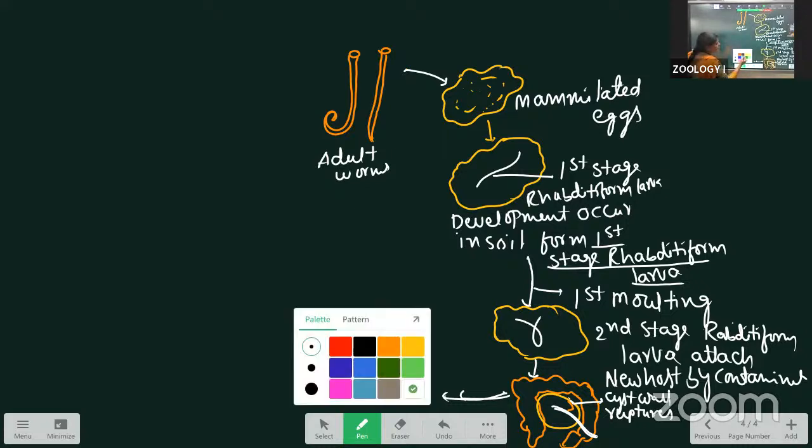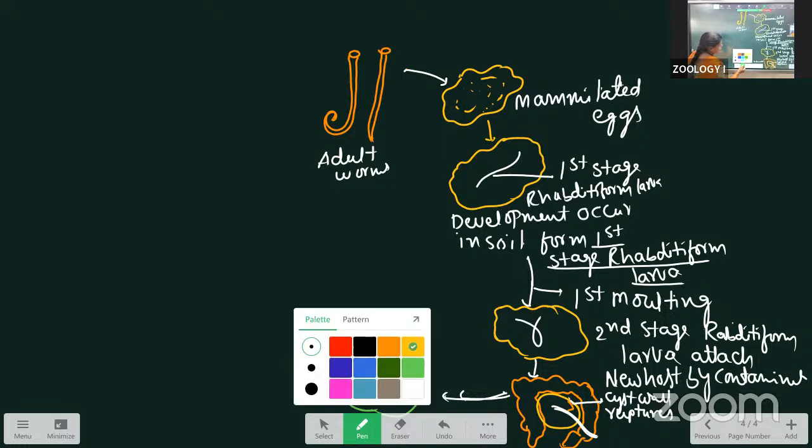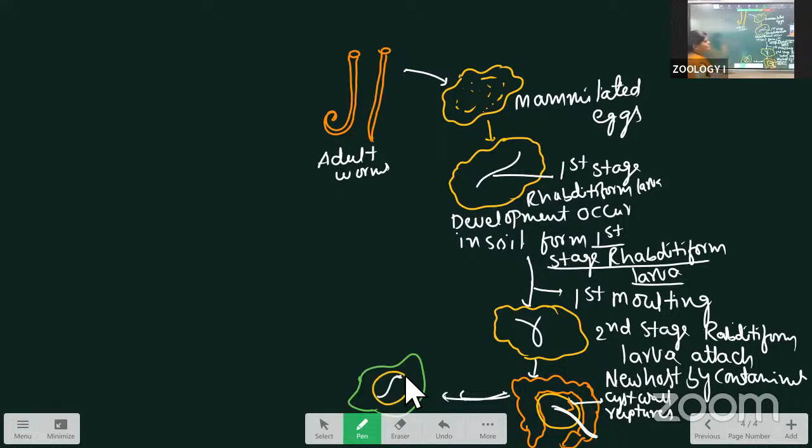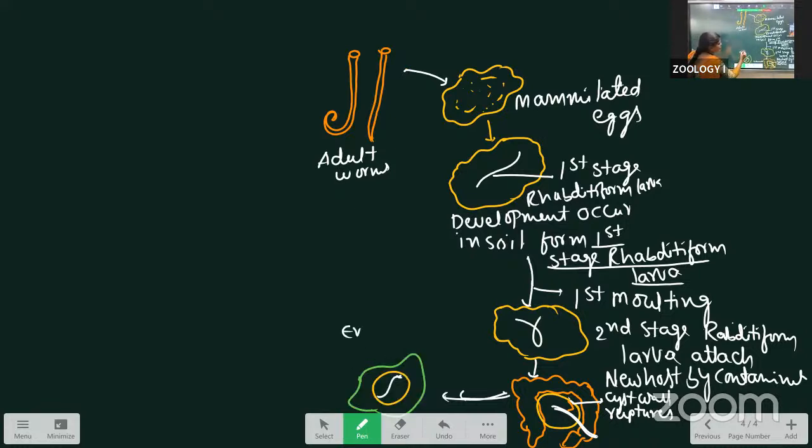They enter inside of the liver by the hepatic portal vein.